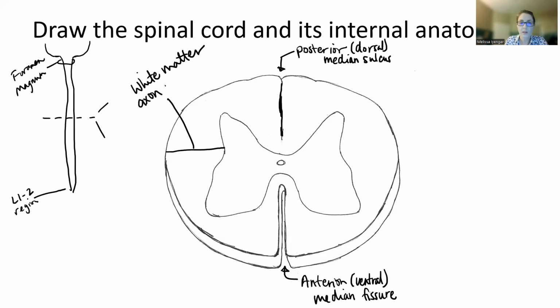So axons with myelin. Thinking about the function of the white matter, this is going to transmit messages towards the brain and from the brain because it's just made of axons. Okay, then you want to think about which neuroglia cell makes the myelin sheath, and hopefully you write here the oligodendrocytes.